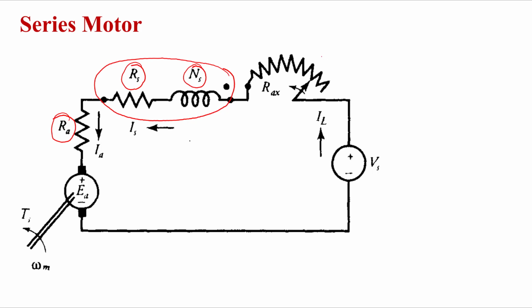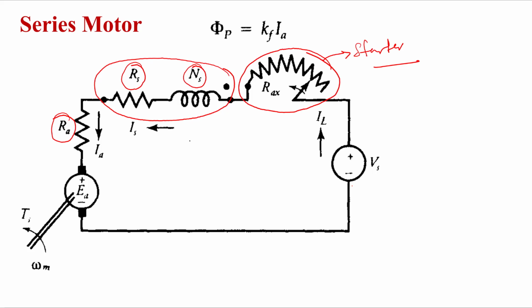Of course, we have a starter circuit. We cannot neglect the starter, whether it is a series or shunt or compound motor. We have to put a starter all the time, right? So this is your starter. And now you are connecting a voltage source Vs, and this is your series motor, right?